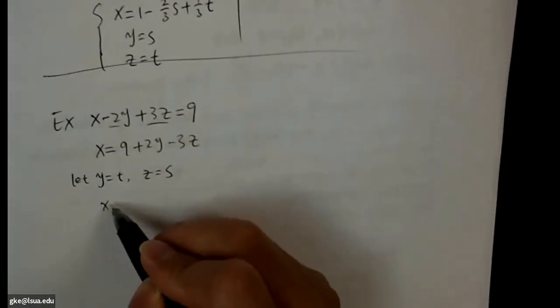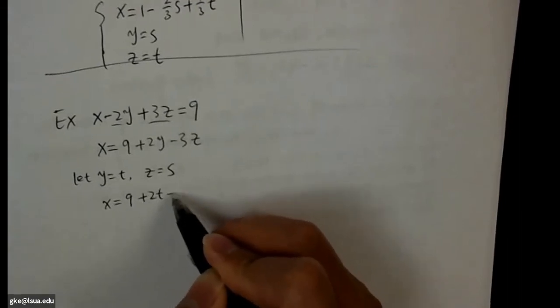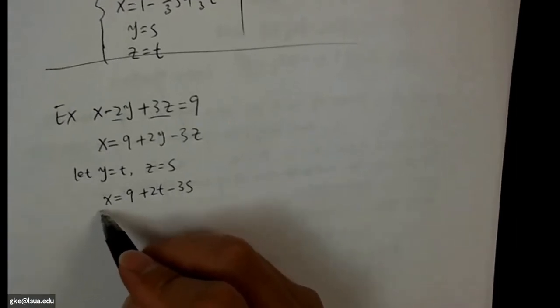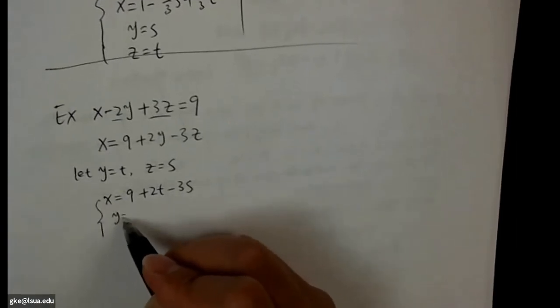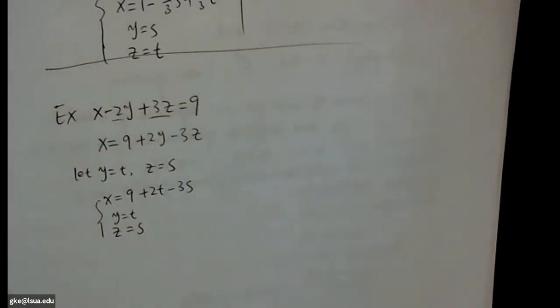And plug in, we're going to get 9 plus 2t minus 3s. And basically we can write it this way. So that's the solution of this linear equation.